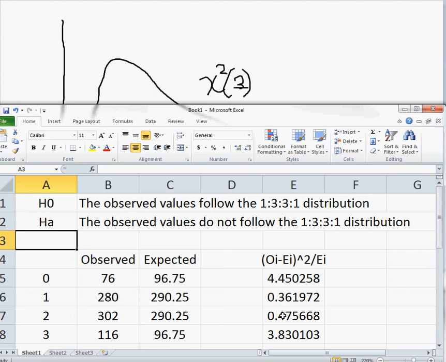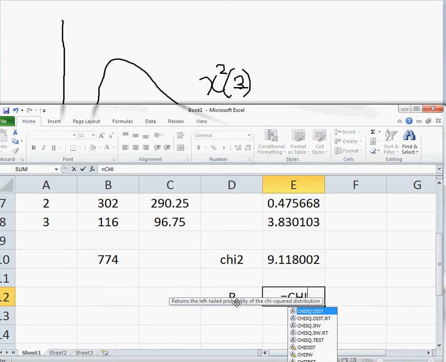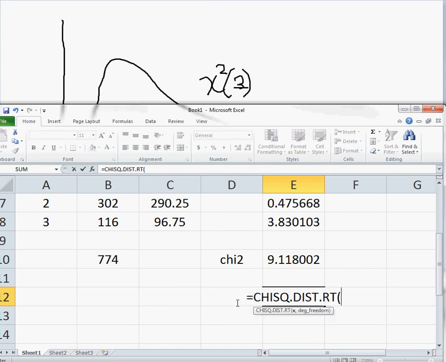If the null hypothesis is true, then I got a chi-squared value of 9.118, and there are 2 ways I can determine whether or not that number is large. The first thing I can do is figure out the p-value. For Microsoft Excel, we have chi-sq.dist.rt of E103, pardon me, the area to the right of 9.118 under a chi-squared distribution with 3 degrees of freedom.